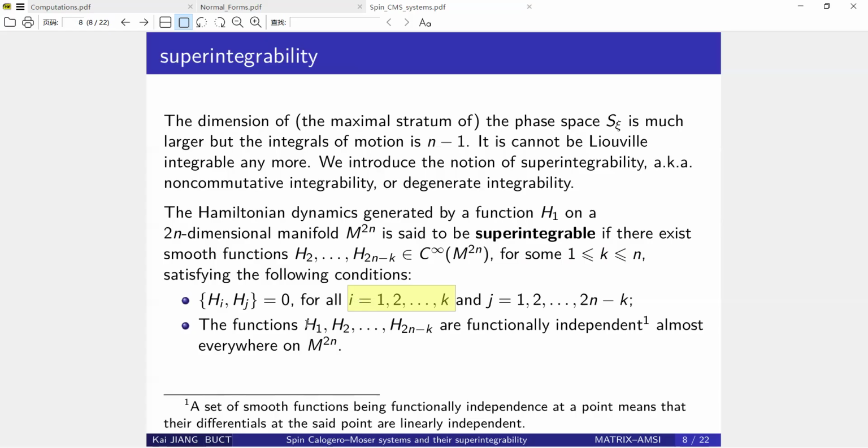And of course, we require that all the functions are functionally independent. In this case, we still have first integrals or integrals of motion, but they do not commute pairwise; only the first part of them commute pairwise. This is the superintegrability.